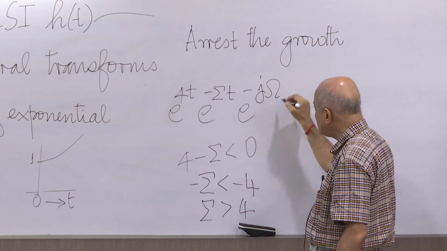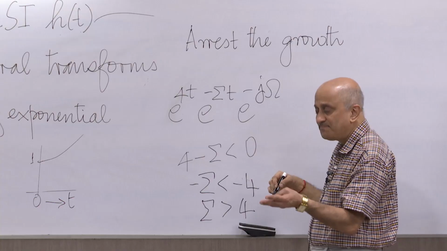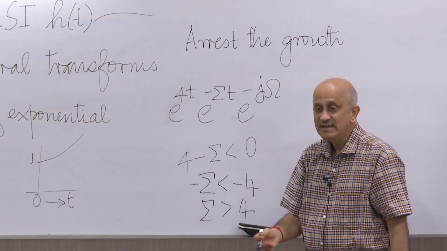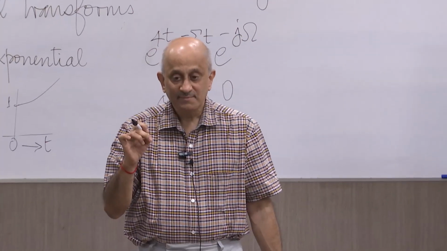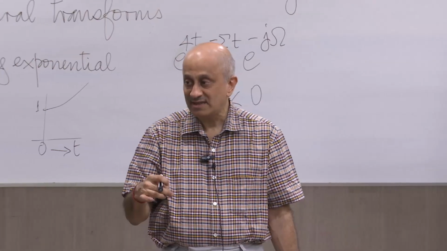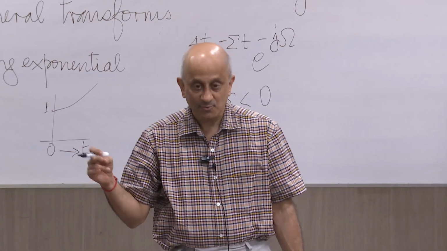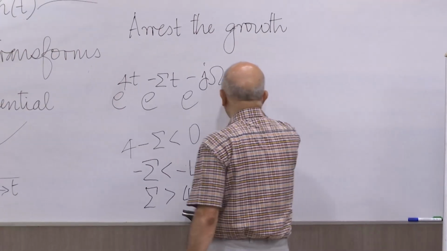So today I won't write capital omega 0 every time because I now appreciate that the angular frequency is a variable. Yesterday I wrote capital omega 0 because I wanted to begin with one particular value of the angular frequency, but now I'm just writing capital omega to capture the fact that it is meaningful for all frequencies.